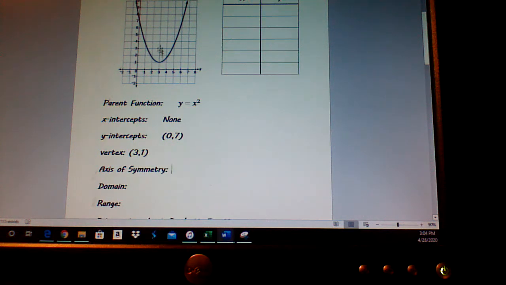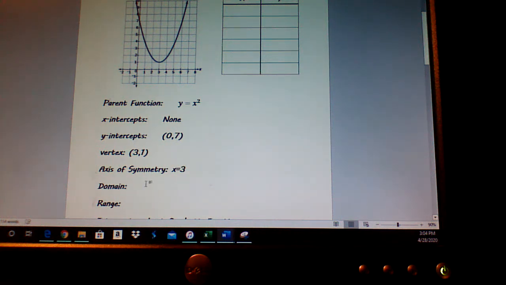So right here is where my axis of symmetry is. And we write this as an equation. The equation is going to be x equals whatever my x value is in my vertex, which in this case is 3. Again, the reasoning for this is if I go along this line here, all the coordinates have an x value of 3.